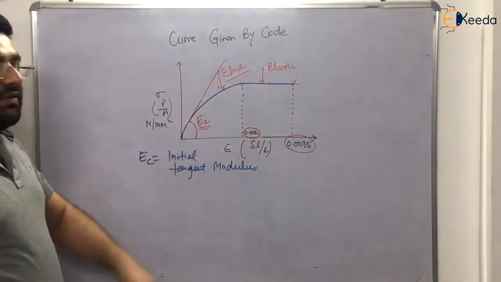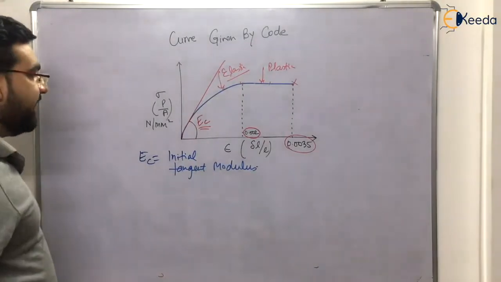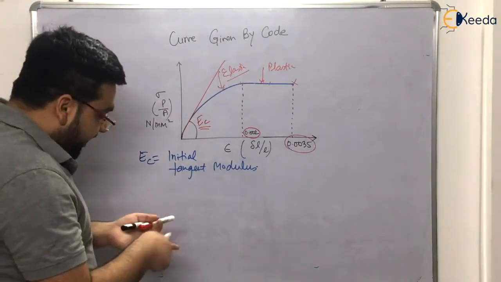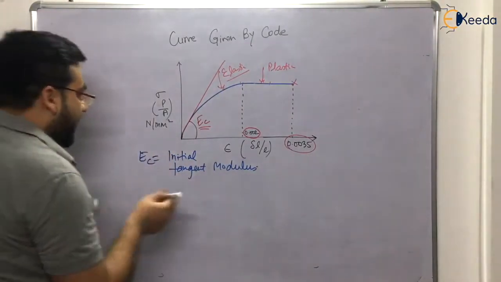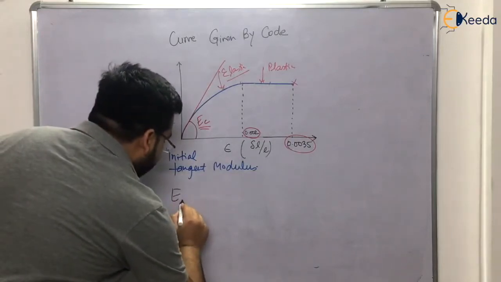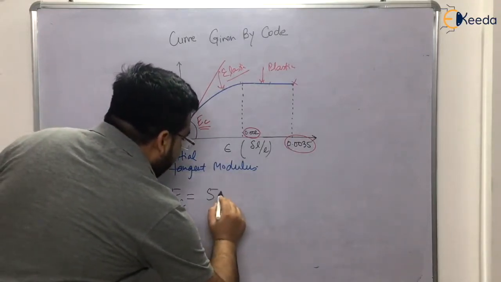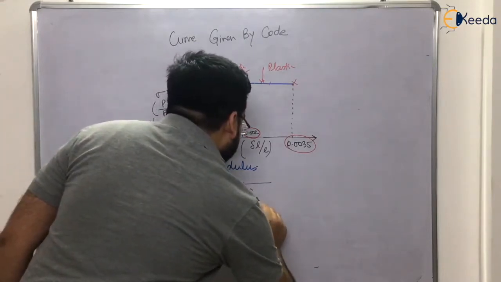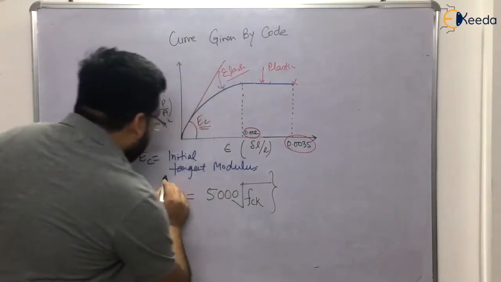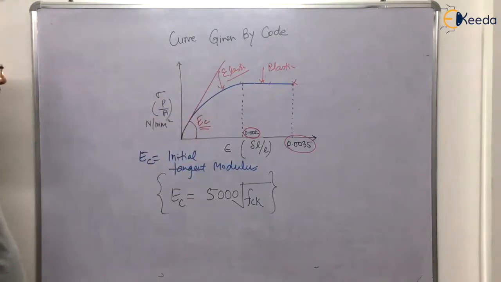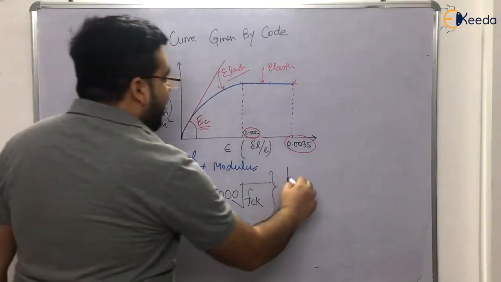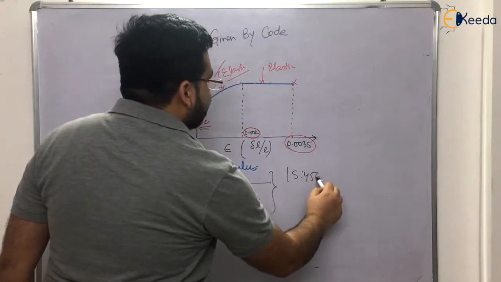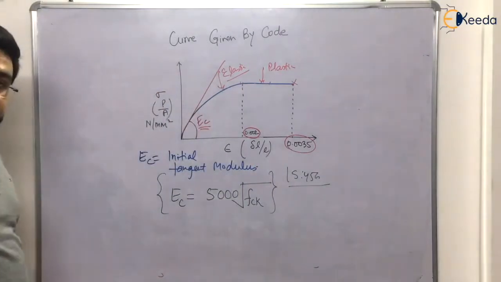What is the value of this EC? Very important. The value of EC given by IS 456 is 5000 root FCK. So this is the modulus of elasticity which has been recommended by IS 456. Very important, right?